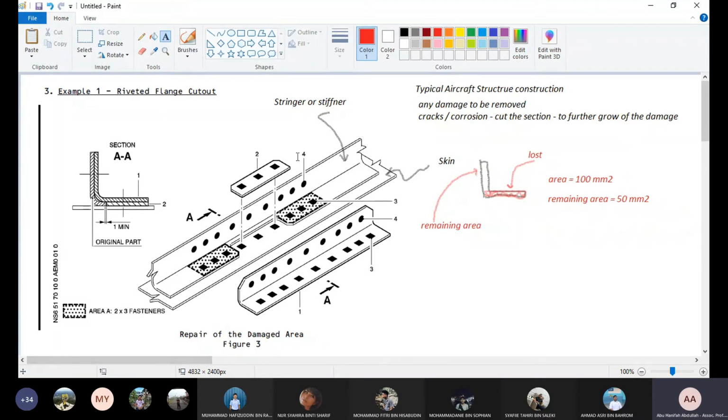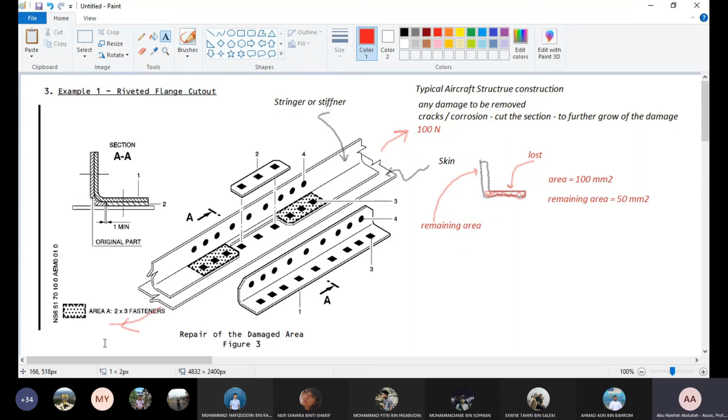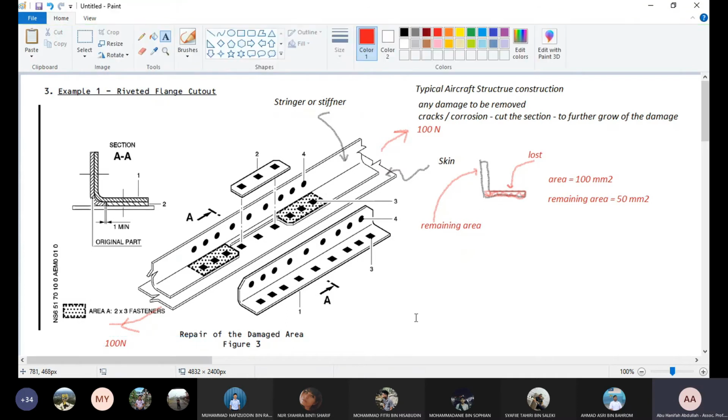And if the load that goes through here, normally the section will be under tension. You pull this section and the load say 100 Newton. So it will be 100 Newton from both sides to be in equilibrium. The section experiences 100 Newton load.